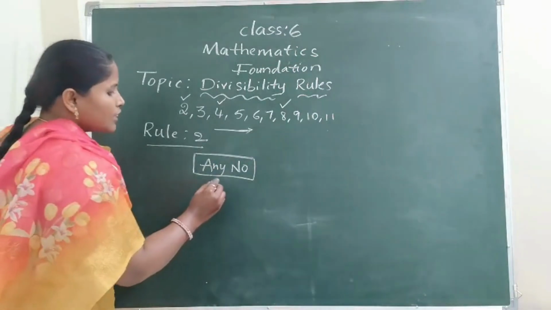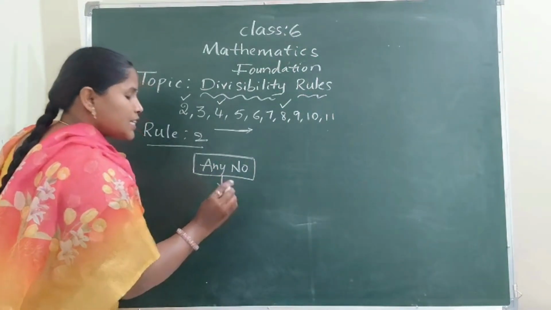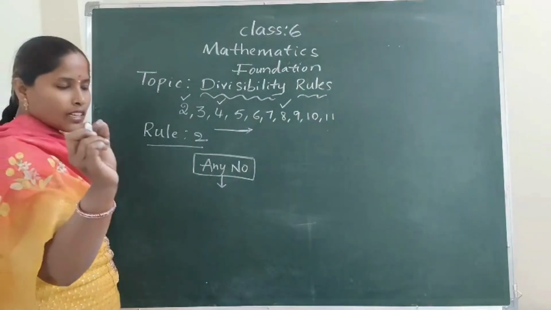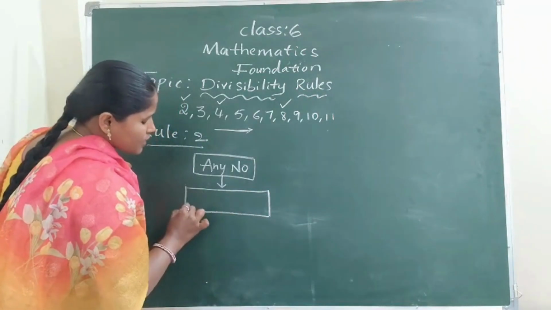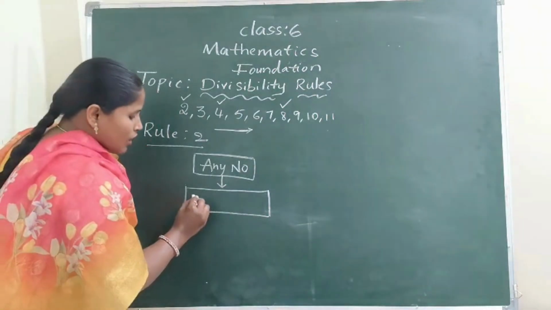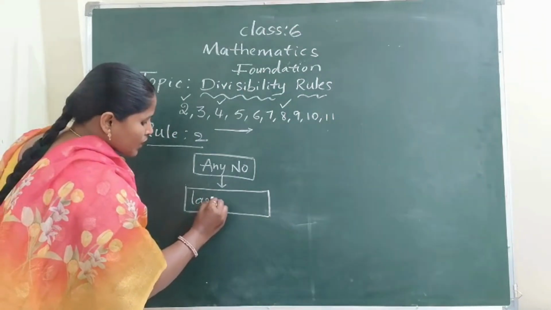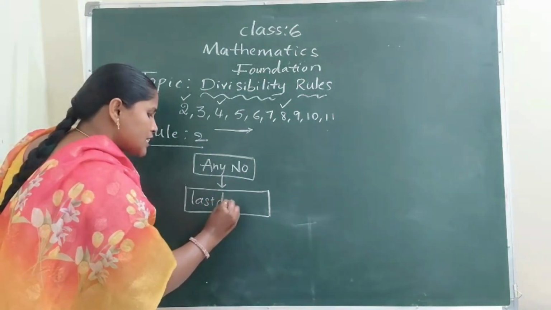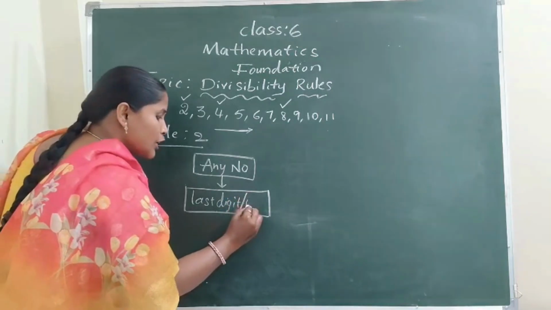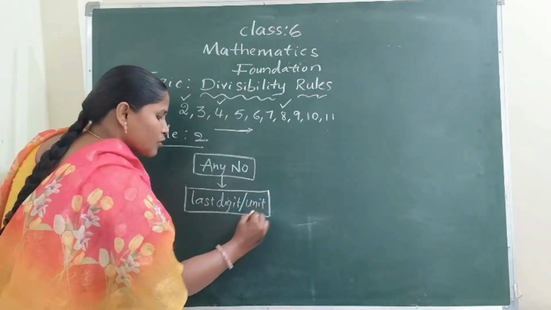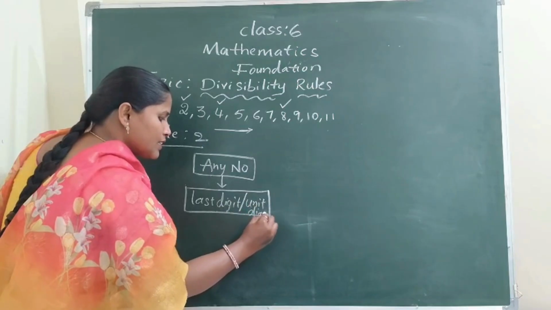After that, focus only on the last digit of the number. The last digit is also called the unit digit.